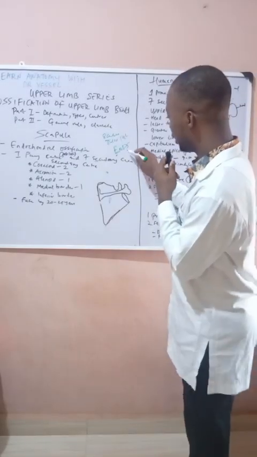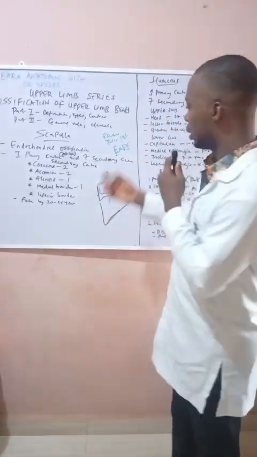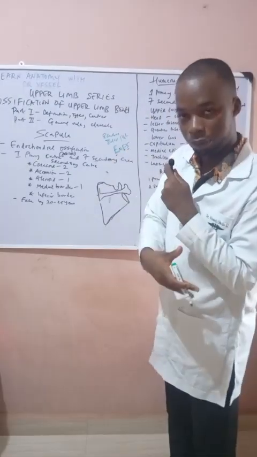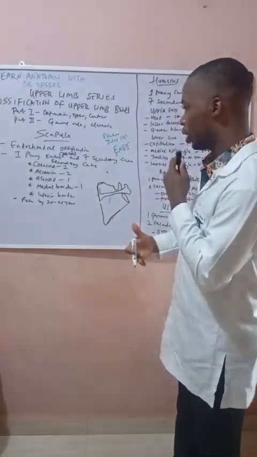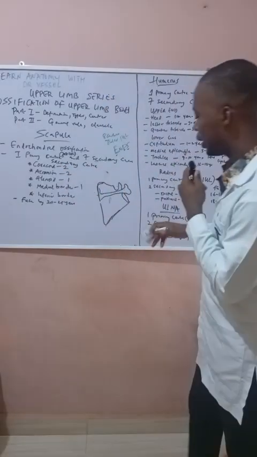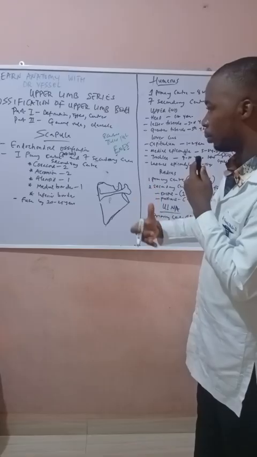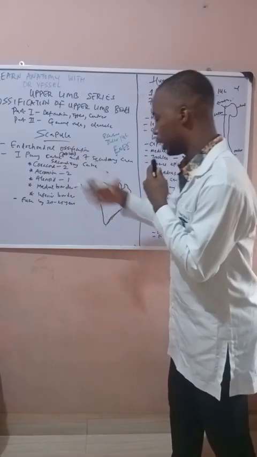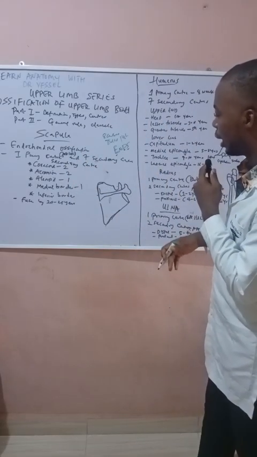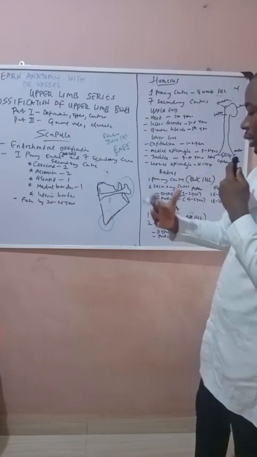While for the diaphysis, the D and S help us remember that the diaphysis forms the shaft. So it's at the shaft of the bone, not the ends. If you have this in mind, you can say the secondary center should be located at the ends of the scapula, and the ends of the scapula are this and this.